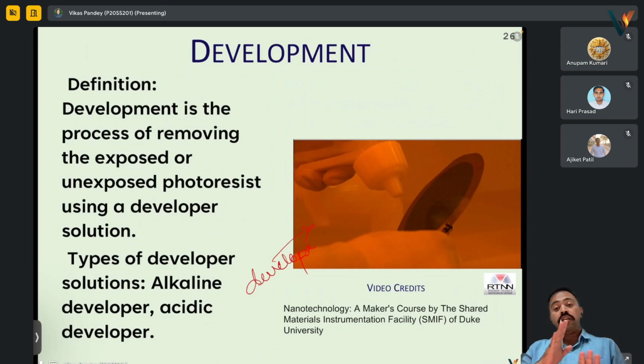But still, the thing that we want is that whole metal, say we deposited gold, we want to pattern the gold, not the photoresist. So next you remove that by using an etching method, which will be covered next week. So let's see this complete one.